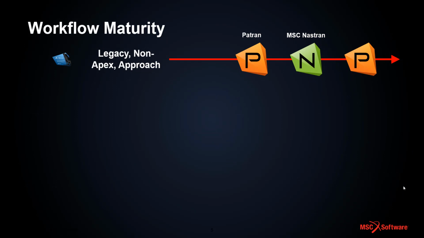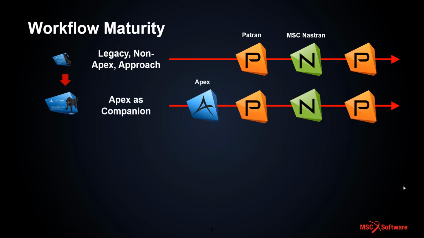So in terms of product release and workflow, and this is very typical of a standard aerospace type organization, how they would work with technology. A legacy non-Apex approach typically would involve Patran to build a model, Nastran to solve, and then Patran to post-process. We then moved into having the Apex environment, so we can now use Apex on a companion basis.